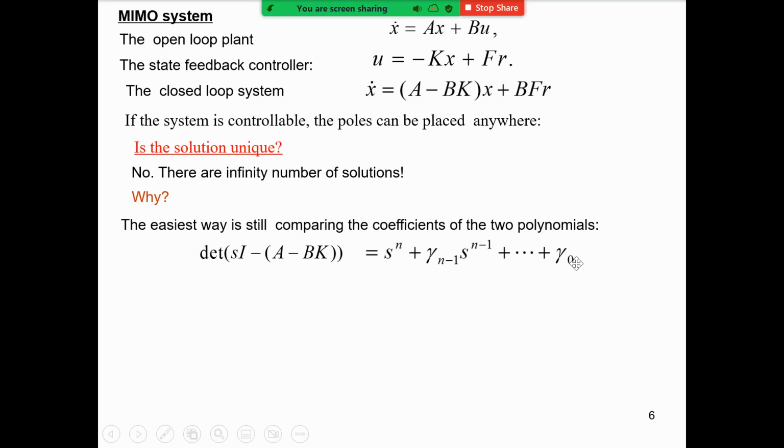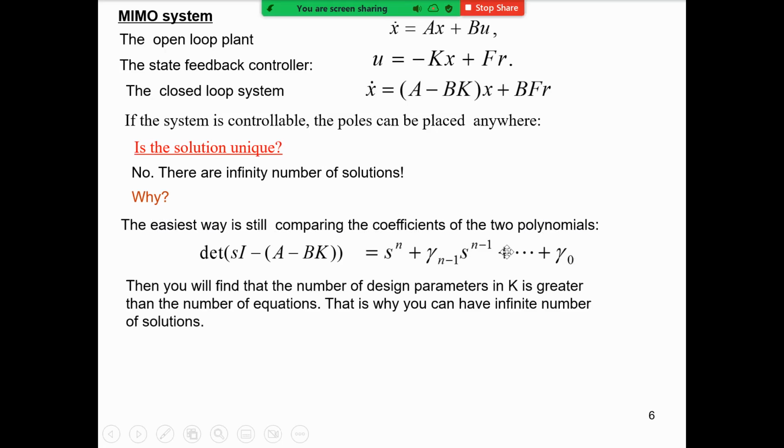Okay, there will be n equations, right? There are n coefficients to match, but on this side, the design parameters of this K will be n times n. So there are n times n parameters on the left side, but there are only n equations. You have more design parameters than the number of equations, right?